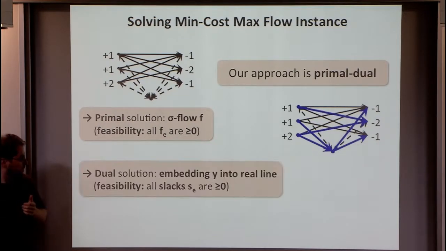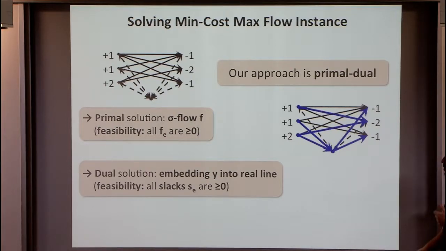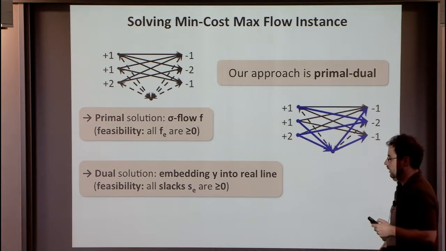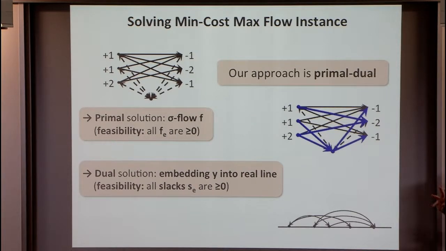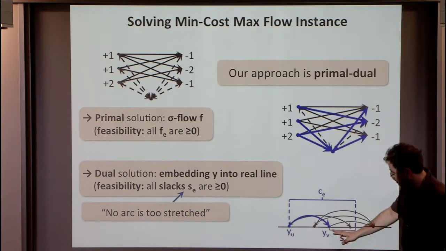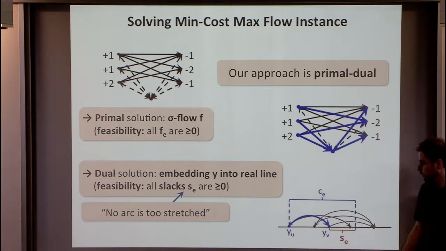Then any such flow is a feasible primal solution. So what is the dual solution? It's slightly more complicated. Essentially, a dual solution corresponds to an embedding of our graph in the line, and our feasibility condition is roughly that we don't stretch our arcs too much. Imagine we have an arc that goes from U to V, and here is its embedding into the line given by these numbers YU and YV.